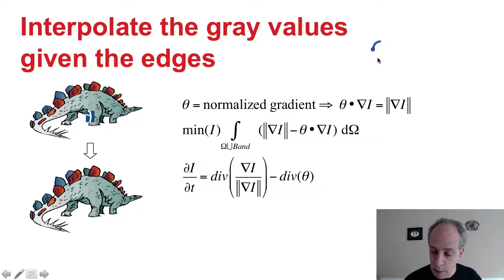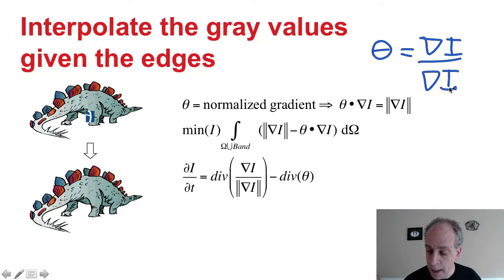Remember the normalized gradient: theta is the gradient divided by its magnitude. We have to be a bit careful when the magnitude is zero, because then there is no gradient, so we leave that aside for the second. So this is what we were given. Somebody gave us the gradient, and if you plug that in here, you get gradient squared divided by gradient, which is equal to gradient.